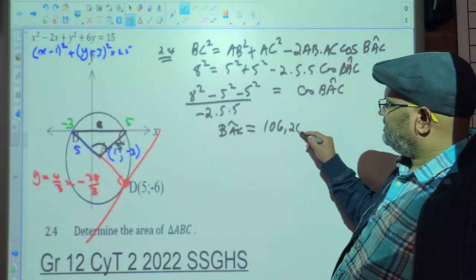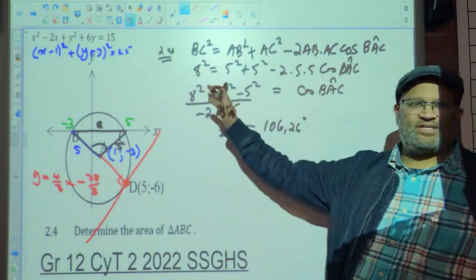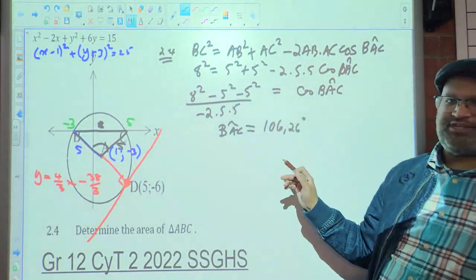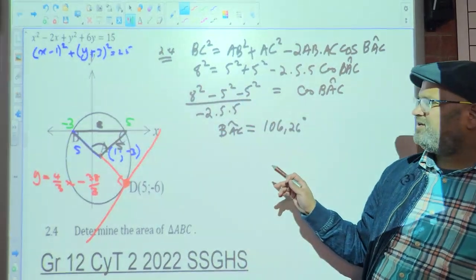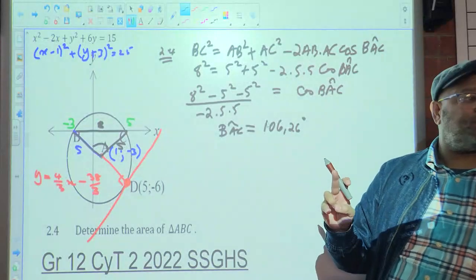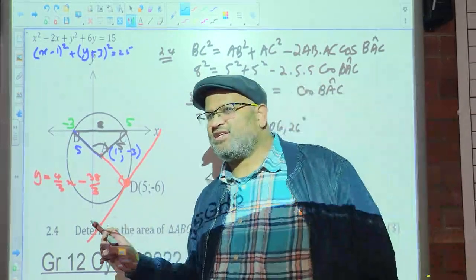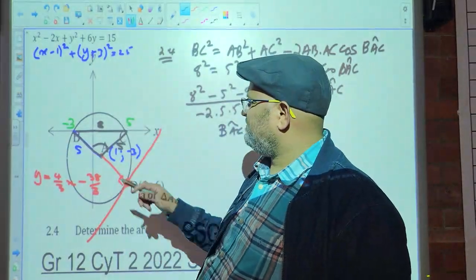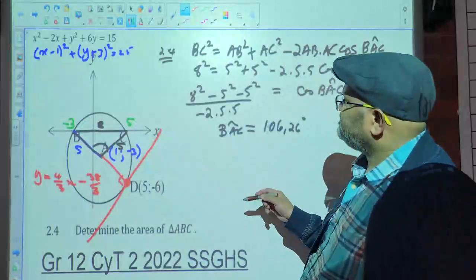Is that correct? Otherwise, if you had worked this out, you would have seen you got a negative value. You take arc cos, you drop the negative, and then you take it into the second quadrant because the cos was negative. You can't go into the third quadrant, because in the third quadrant is an angle greater than 180 but less than 270. So it has to be in the second quadrant.